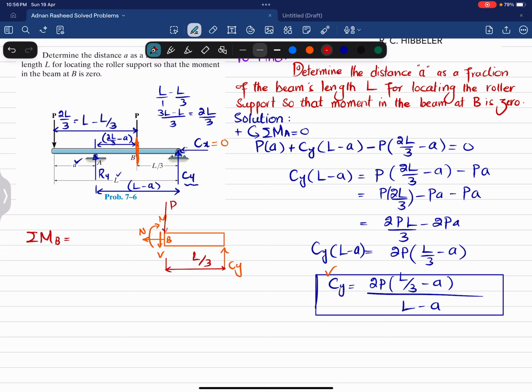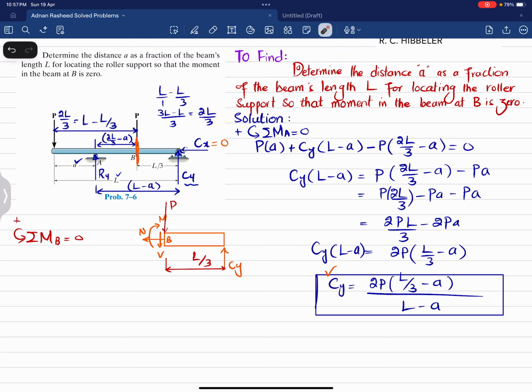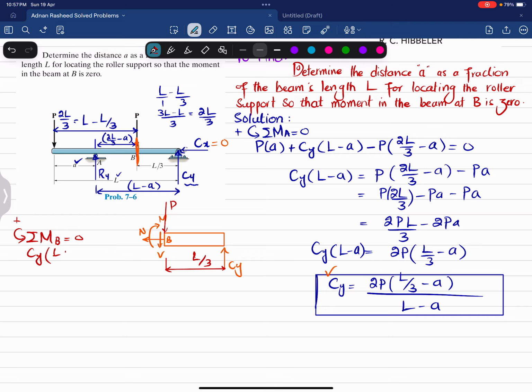So we will apply the equation of equilibrium that sum of all moments about point B is equal to 0, taking the counterclockwise moment as positive. About point B we have the moment of Cy into perpendicular distance L by 3, and it is producing counterclockwise moment, so it will be positive. So I can write it as Cy multiplied by L by 3, and this internal moment which is clockwise, their sum must be equal to 0.